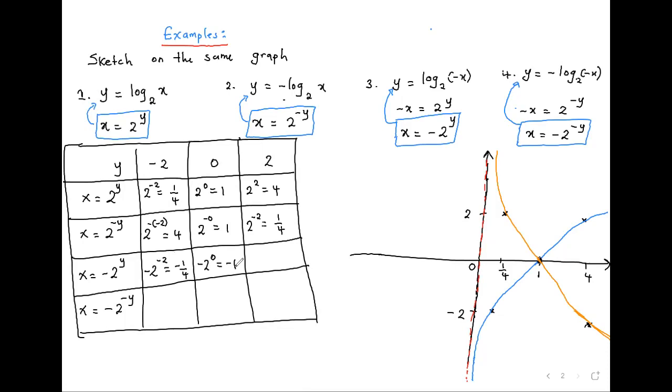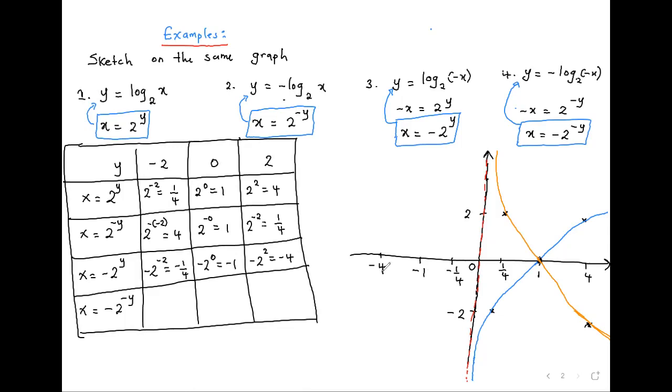When y is 2, we have -2 to the power 2, which is -4. So we have -1/4, we have -1, and we have -4.